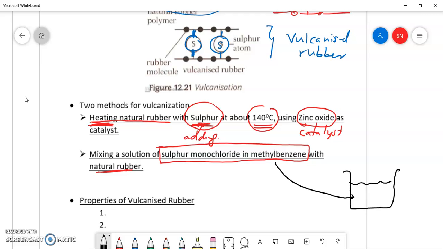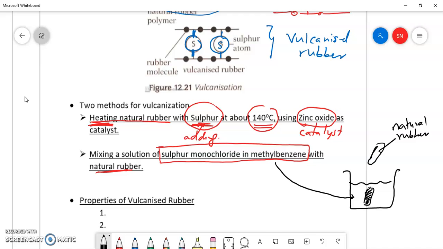All we have to do is take a piece of natural rubber that has coagulated, dry rubber, and just dip it in, submerging it into the solution.